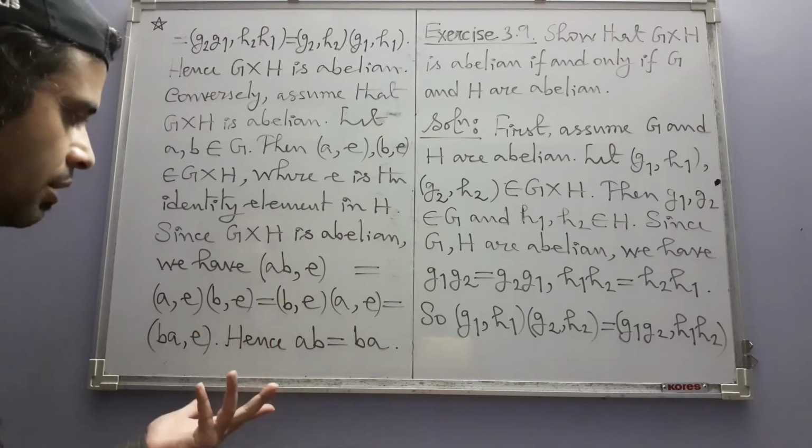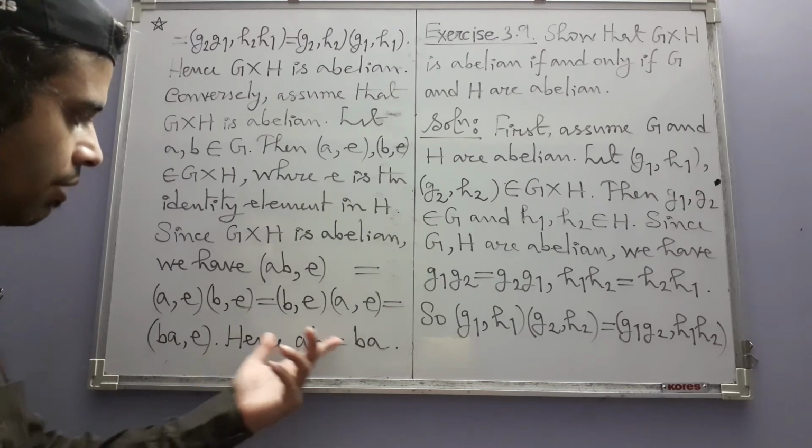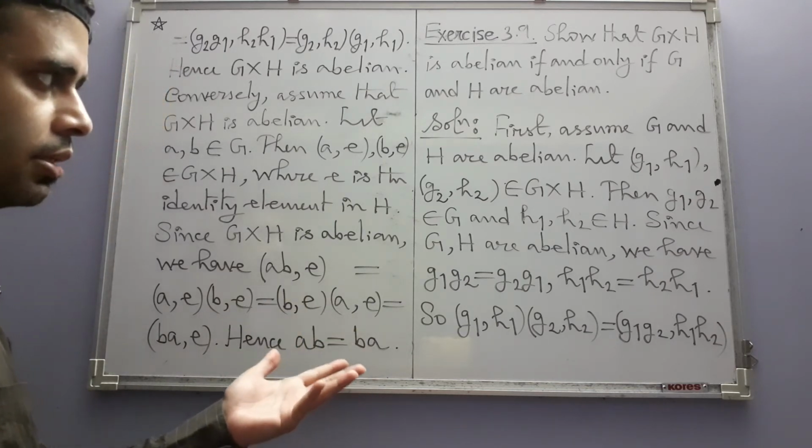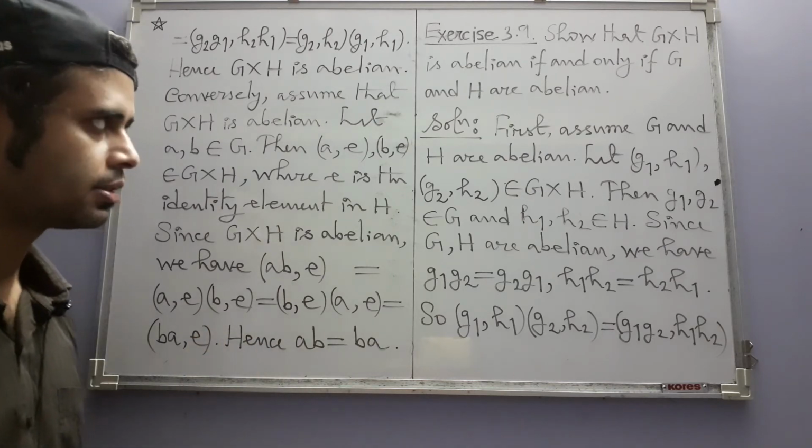The second entries are of course the same, but the first entries are the same, from which we get the fact that A and B commute in G. Hence G is abelian.